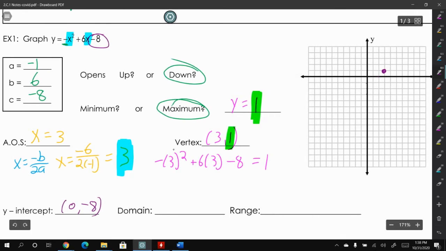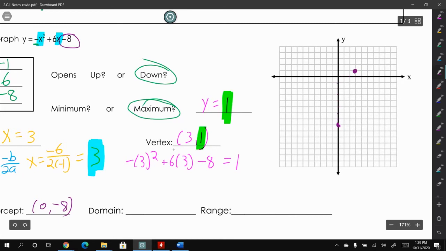So 1, 2, 6, 7, 8. Okay. So now we need to reflect that over the axis of symmetry. So let me draw in our axis of symmetry. And you see how we are 1, 2, 3 units away from the axis of symmetry. So we go 1, 2, 3 on the other side. And that's our point.